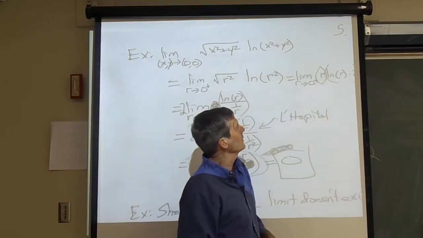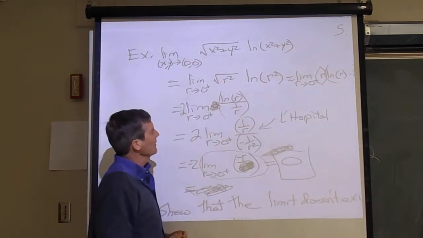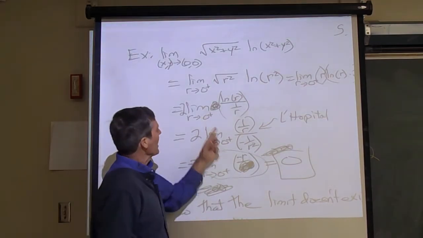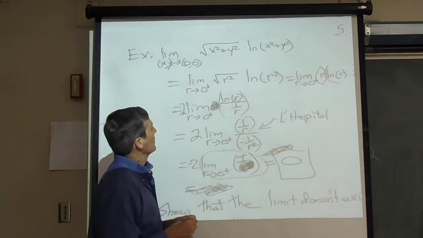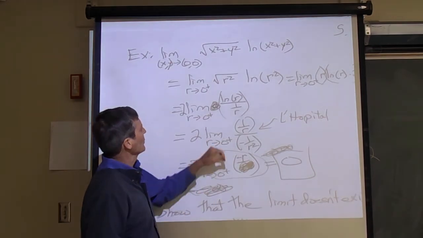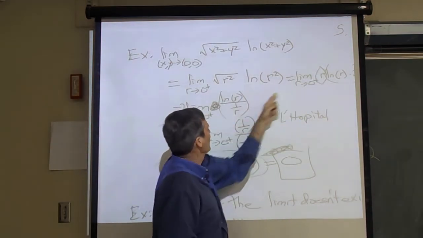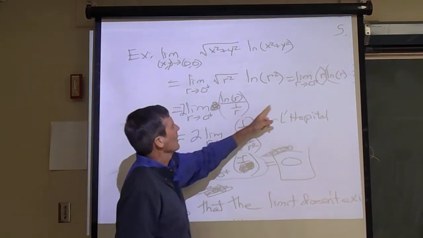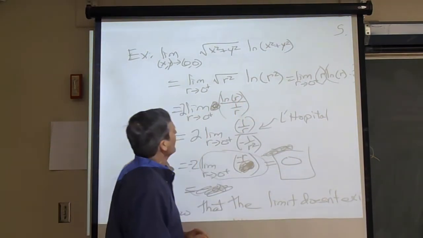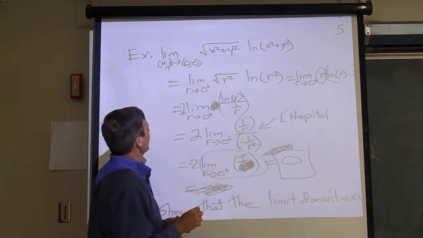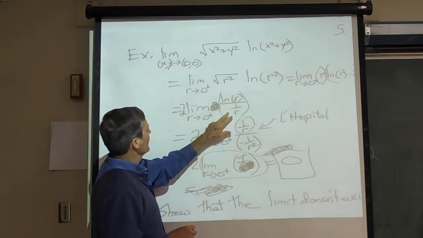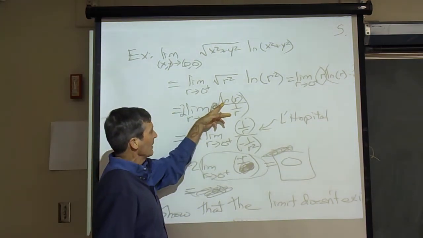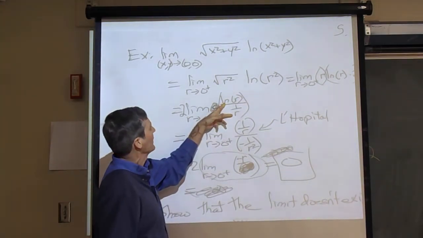How do we get an indeterminate form limit evaluated? We use L'Hopital's rule, right? We're down to a limit of a function of one variable. So we use L'Hopital's rule and rewrite r as 1 over 1 over r. So this is the limit of ln of r over 1 over r, with the 2 pulled out.